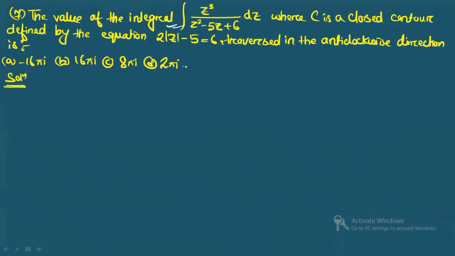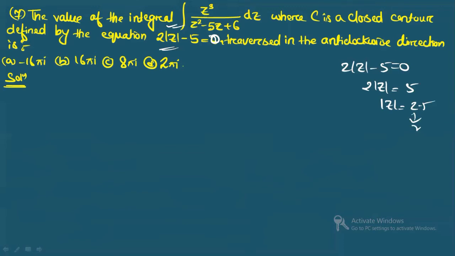Just calculate the value of this integral. You are given 2 mod z minus 5 equals 0, this is not 6, it is equal to 0. So from here you can write 2 mod of z equals 5, so mod of z equals 5 by 2, that means 2.5, right?